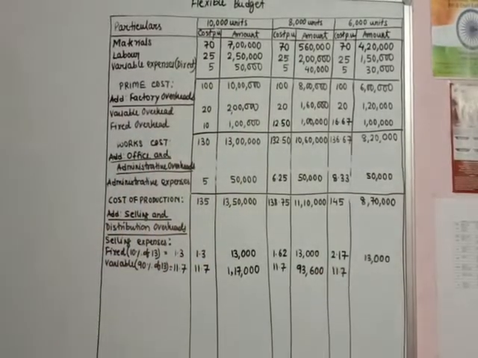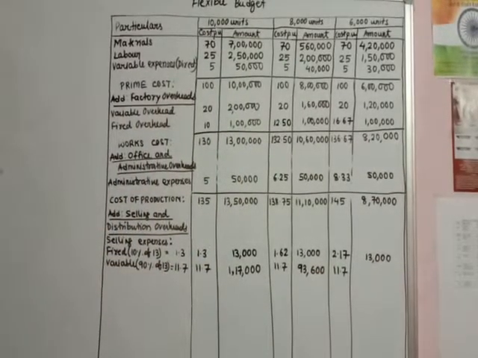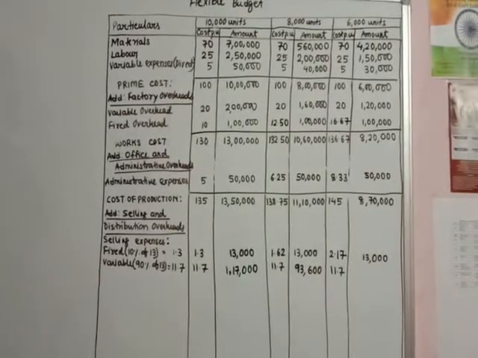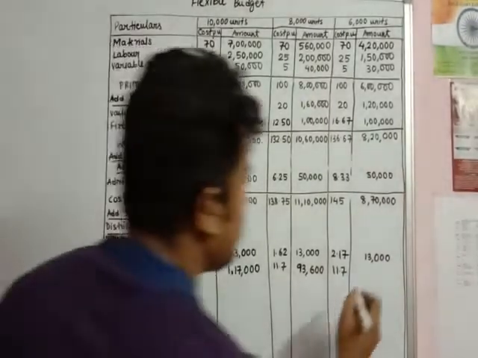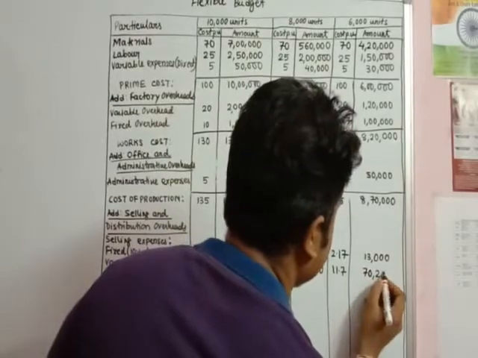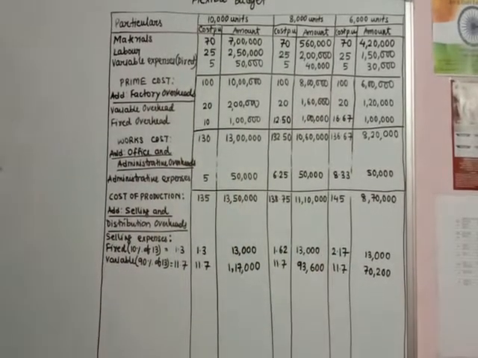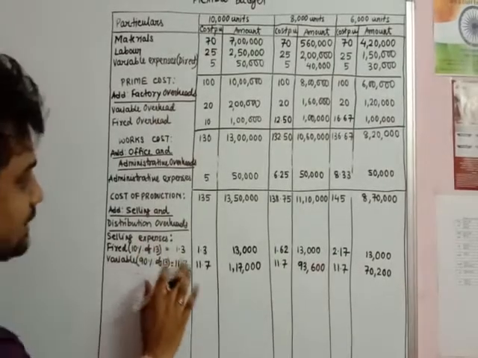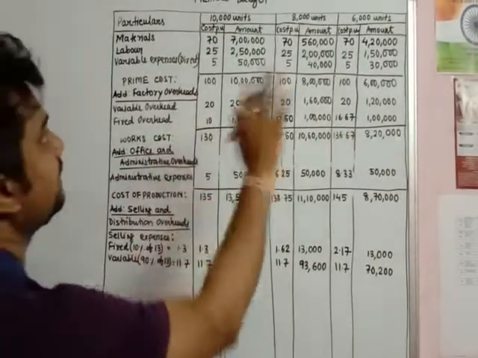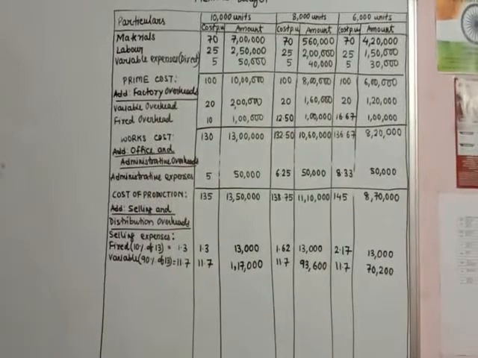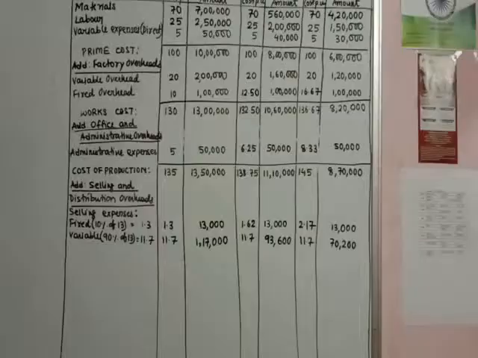In the third case, you have 11.7 into 6,000, and you get 70,200. I hope this part is clear. So these are the selling expenses at different levels: at 10,000, at 8,000, at 6,000.